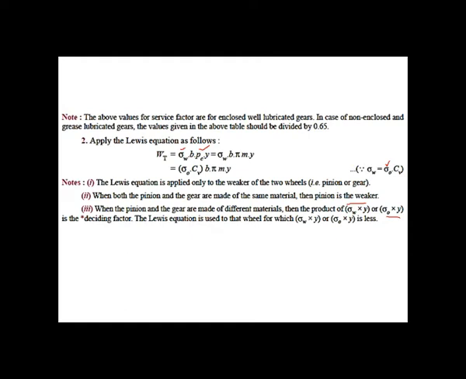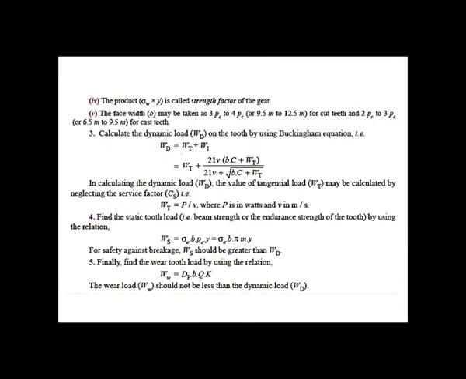Then we select the value which is less between sigma naught into y or sigma w into y, for the gear as well as for the pinion. Next, after calculating sigma naught, we calculate the product sigma w into y. This is known as the strength factor for the gear.